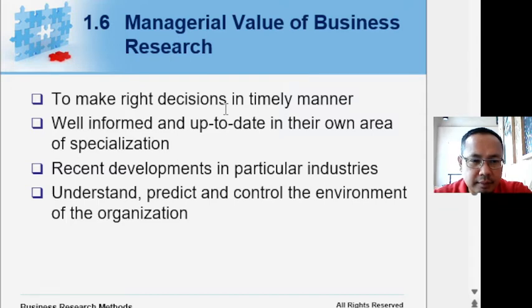So there are some managerial values of business research, such as making the right decision in a timely manner. In business, whatever the work, we must properly manage. The value of management in our research can result in a few positive impacts.